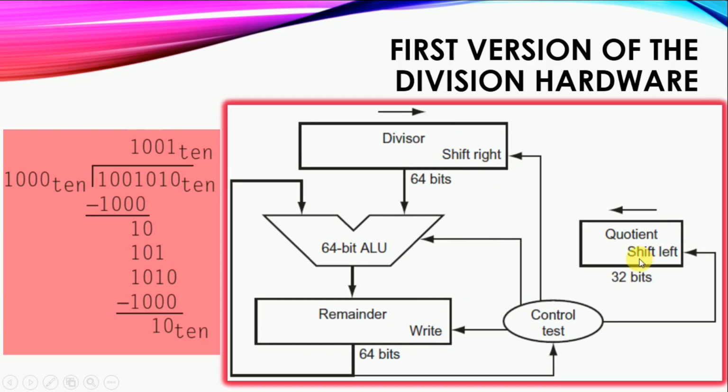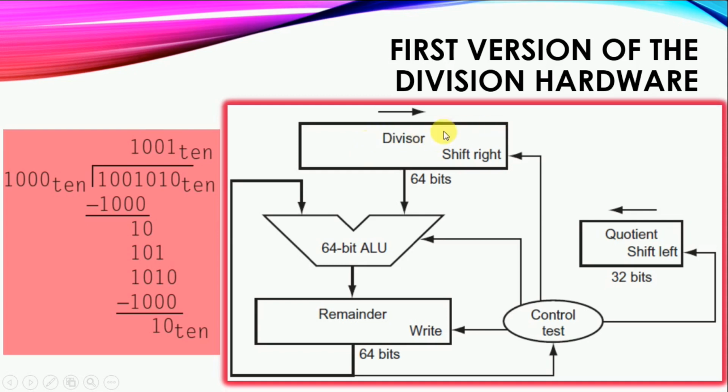The quotient register of 32-bit size is initialized with 0 in the first step. If the quotient register is 32-bit size, the divisor as well as remainder registers are chosen to be 64-bit size. To perform addition and subtraction between two 64-bit numbers, we need a 64-bit ALU. In each iteration, the divisor register is shifted right by 1 bit.